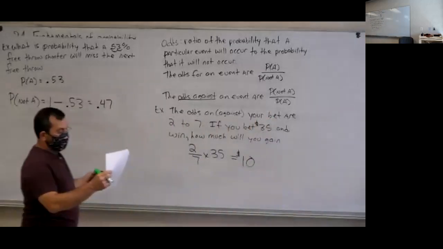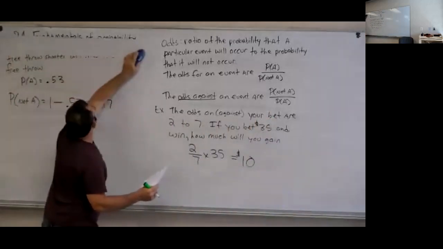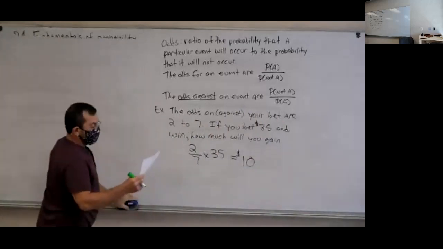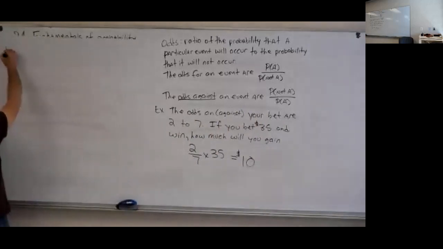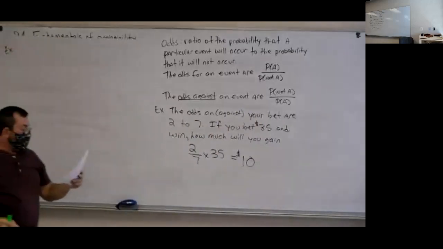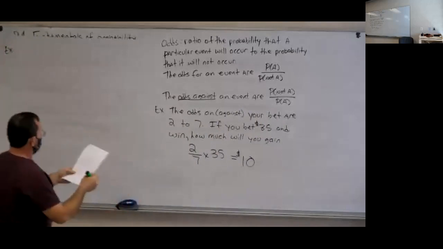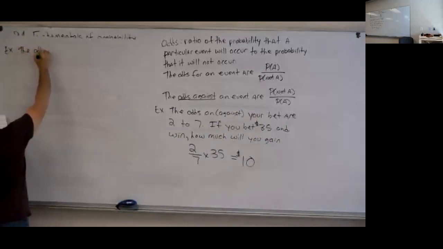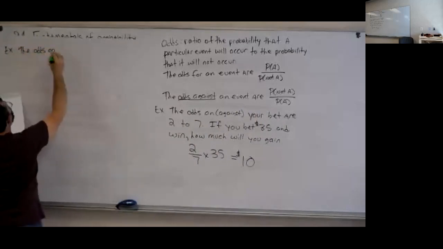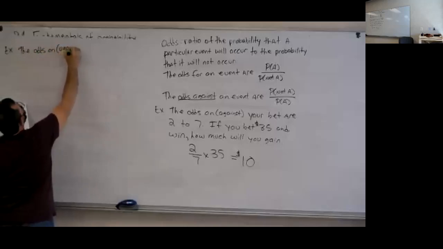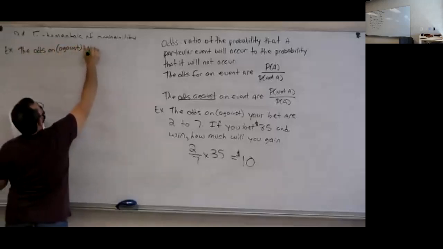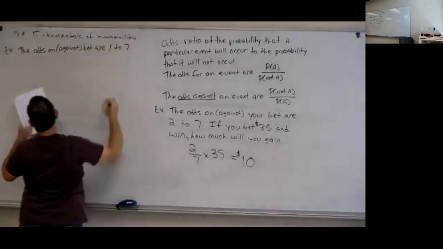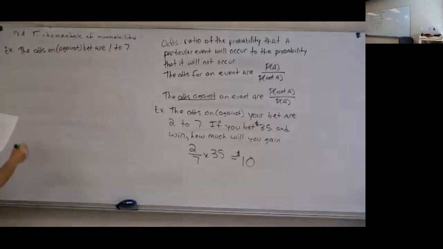All right, let me see that next one. Same thing, the odds against your bet. So did yours work? My next one is the same type thing. The odds against my bet are 1 to 7. If I bet 21 and win, how much will I gain?